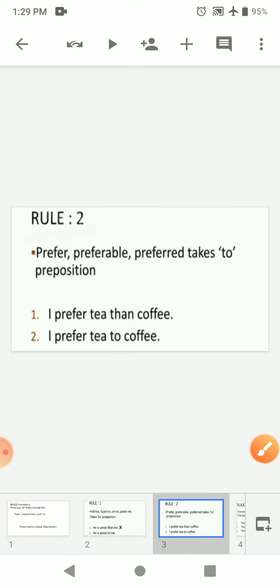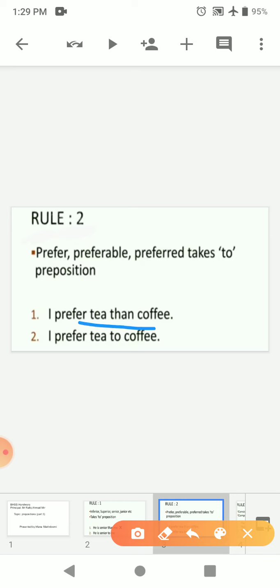Then we have rule number 2. We have words like prefer, preferable, preferred. Such words take the preposition to. For example, "I prefer tea than coffee." Whenever we use such words in a sentence, we have to use the preposition to.